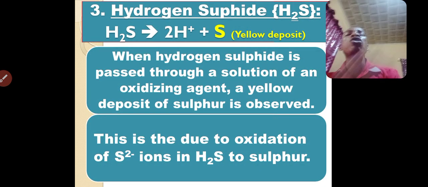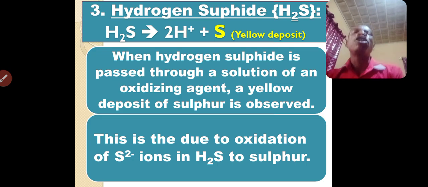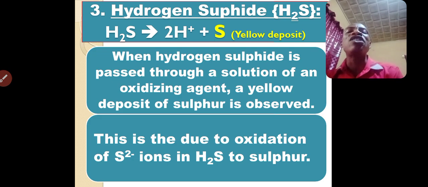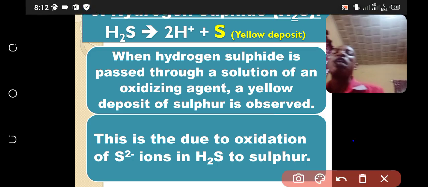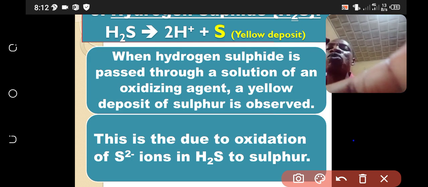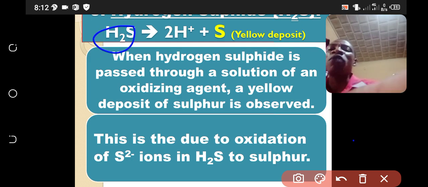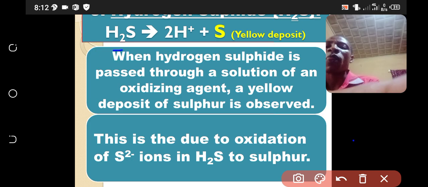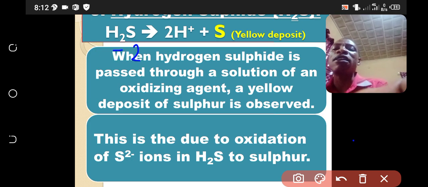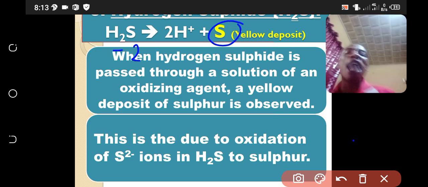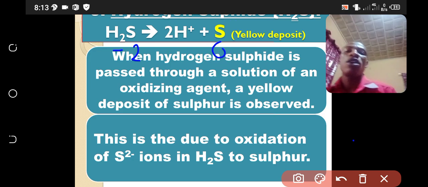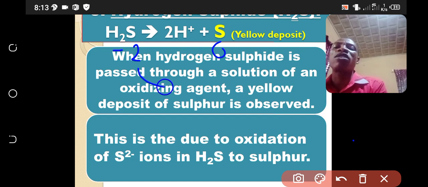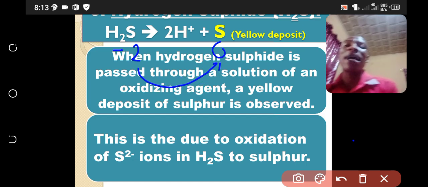You can also use hydrogen sulfide. Usually when hydrogen sulfide reacts with an oxidizing agent, it is oxidized to sulfur. The reason why you call that oxidation is because the oxidation number of sulfur in H2S is -2, and sulfur as an elemental substance is 0. So now you can see that sulfur has been oxidized from -2 to 0.